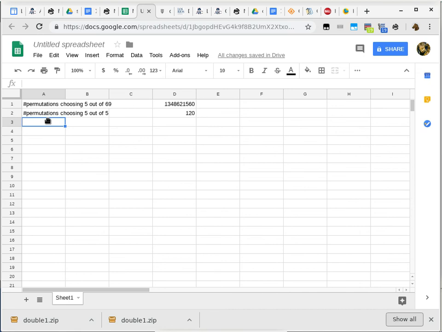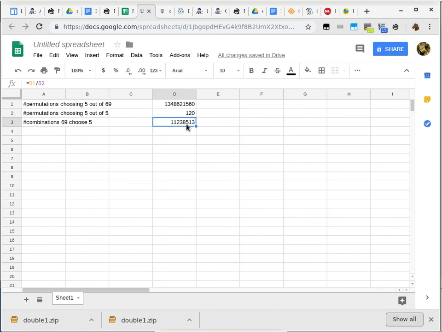And now we say, what is the number of combinations? So we'll use the correct term here. 69 choose 5. And that's just a division between these two numbers. This number is the number of combinations as far as the lucky numbers are concerned.